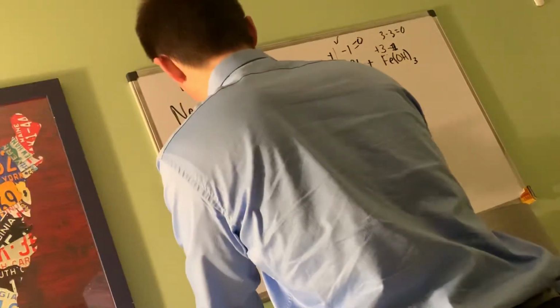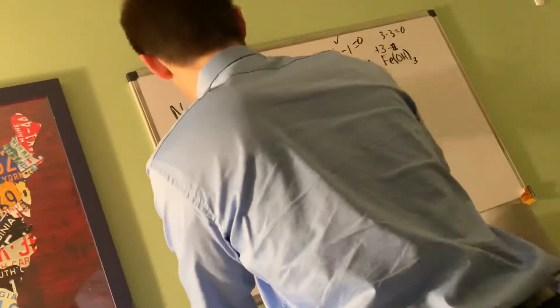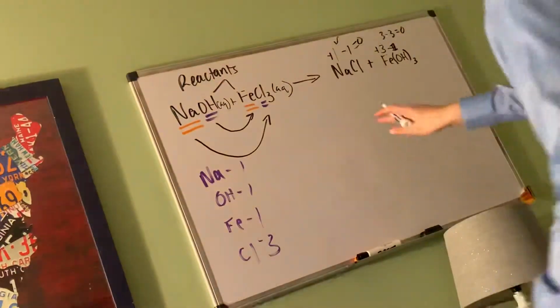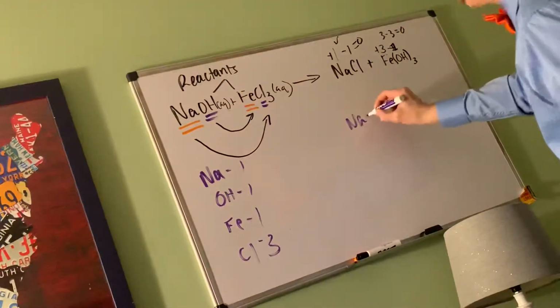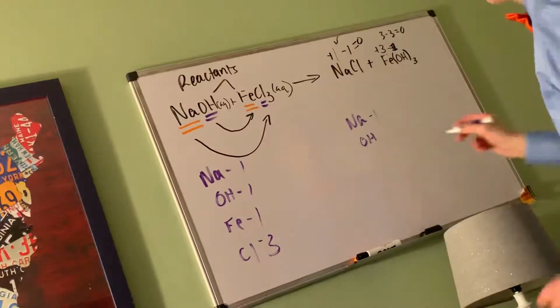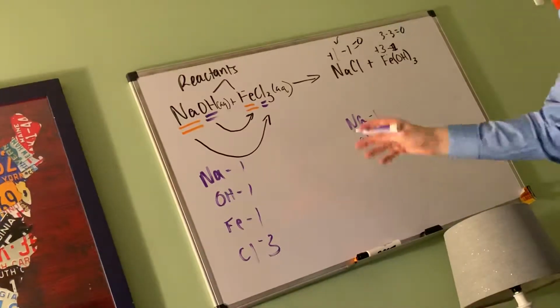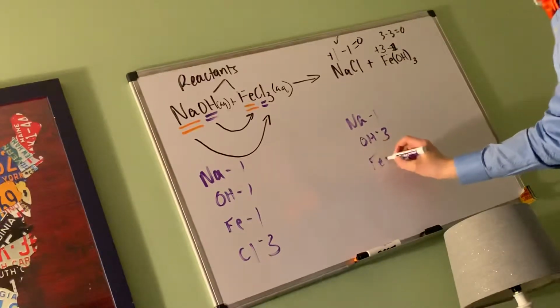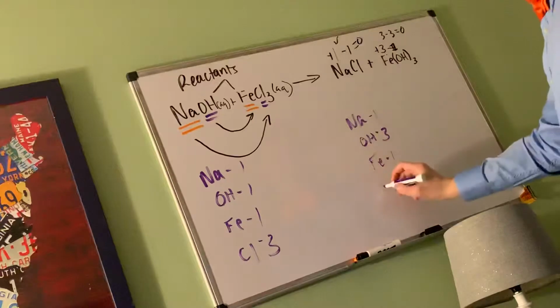This one we have 1. You have 3 OHs. I like to put them next to each other so you have a better idea. You don't get screwed up. You have 1 Fe, 1 iron, and you have 1 chlorine.